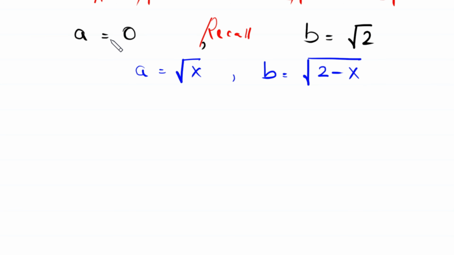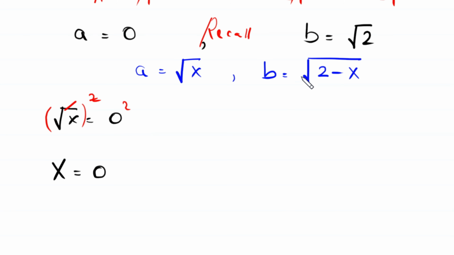So this equation will become root x equal to 0, and if we take square of both sides, we get the value of x equal to 0.